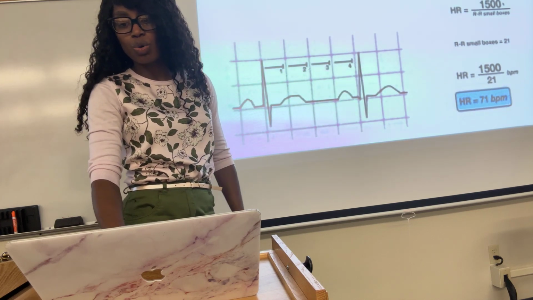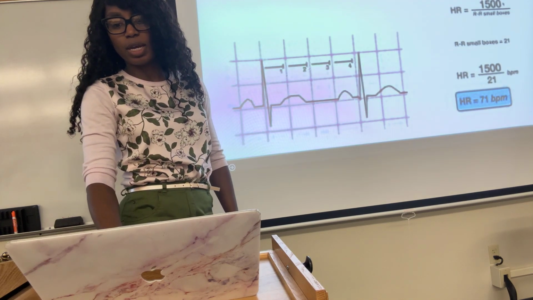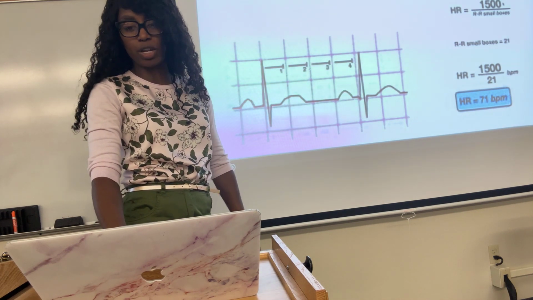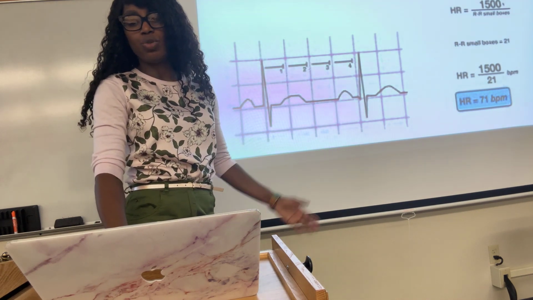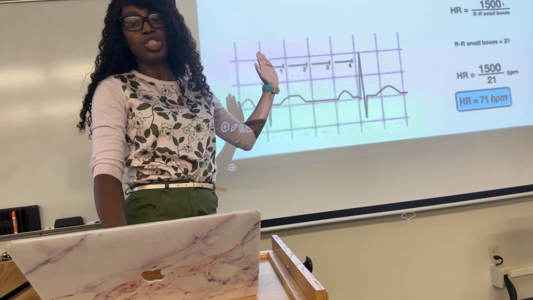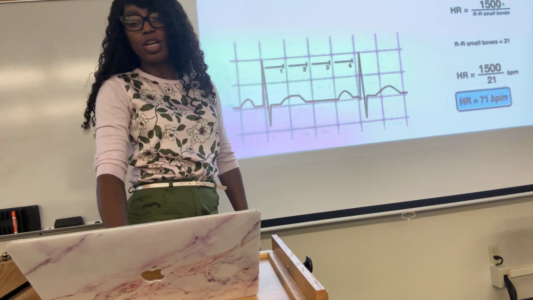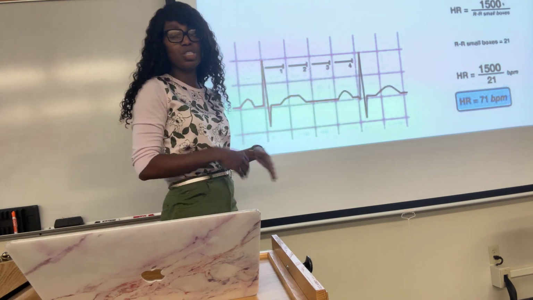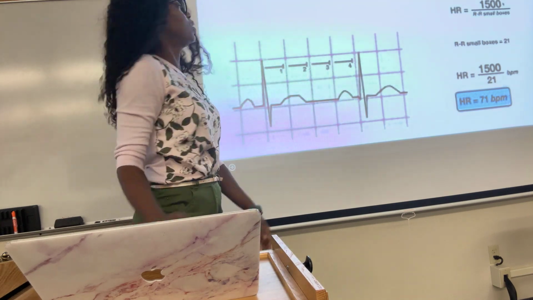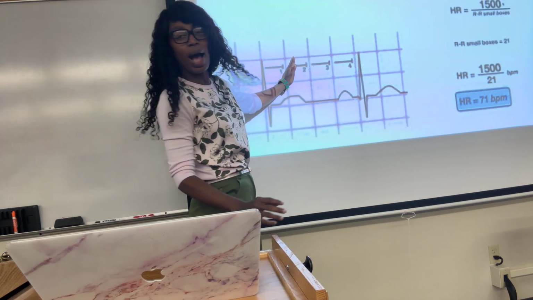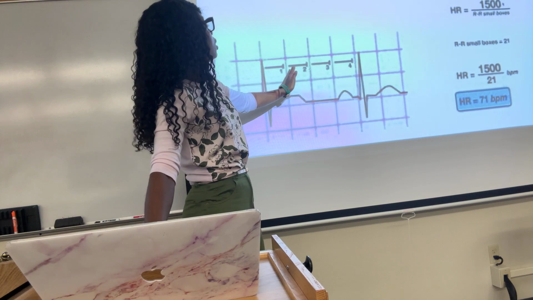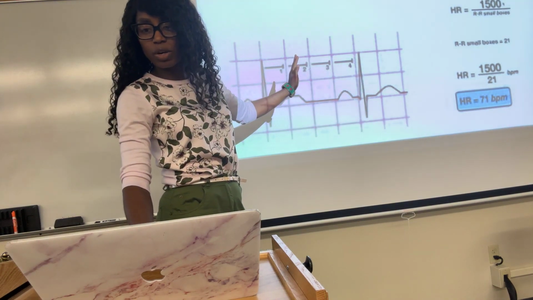Okay, so then for the rule of 300, once you note that it's regular, you find a peak and you go to the adjacent one next to it. Then you want to designate specific numbers. This one you have to memorize. So the first box, sorry, hold on, let me make sure.